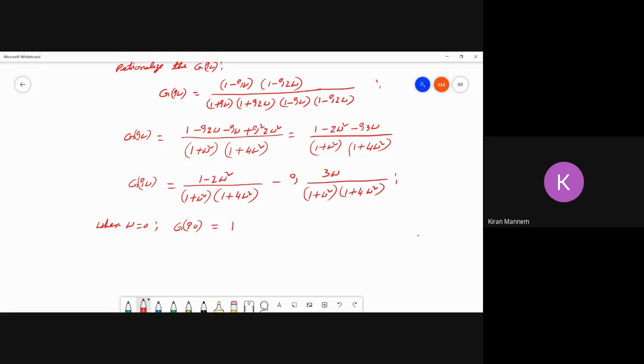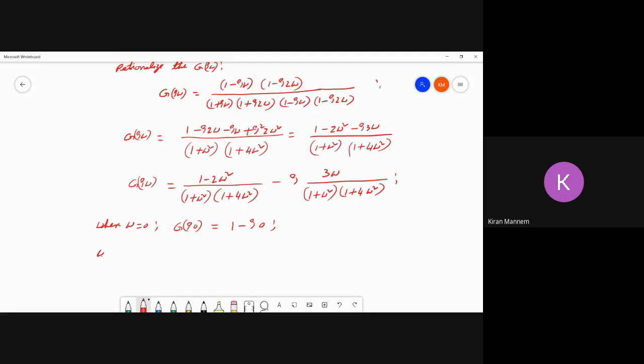The imaginary value is minus j into 0 over 1 plus 0, so it is j0. So this is your first point, 1 minus j0. Very good.